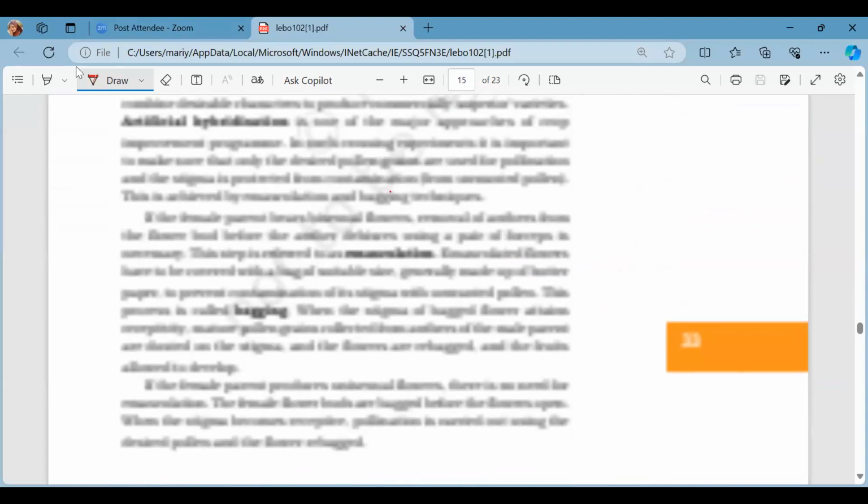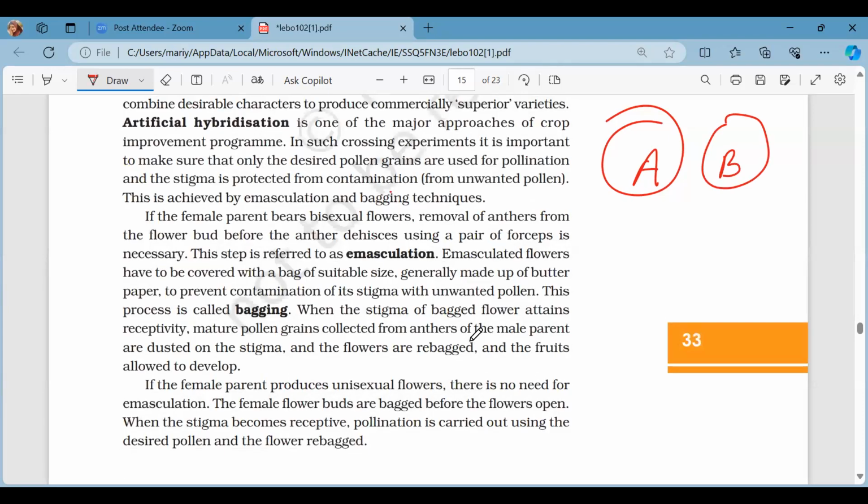For example, there is a plant A and a plant B. Plant A is very resistant to heavy rainfall, and it will not get destroyed when heavy rainfall occurs. Plant B is resistant to insects, meaning even if insects infect this plant, it will not get affected by it.